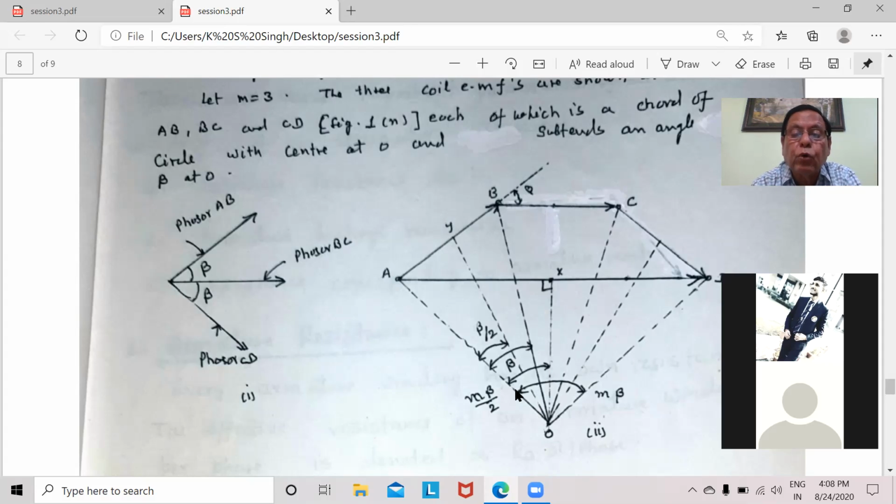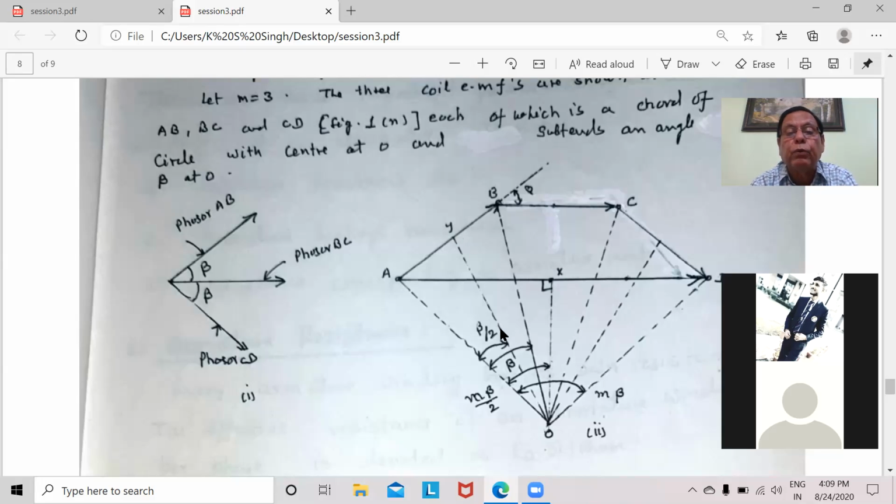If there are m slots, the total angle between all slots is m beta, and half of it, angle AOX, will be m beta by 2. The angle between two slots is beta, and this is the bisector of AB, and the angle AOY is beta by 2.